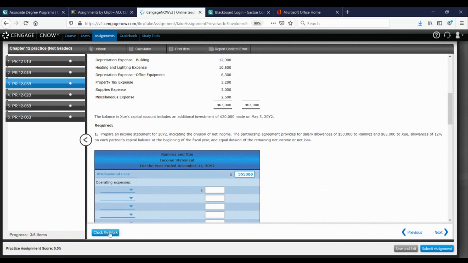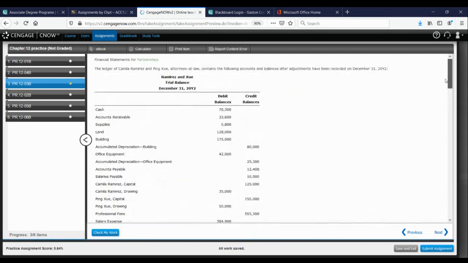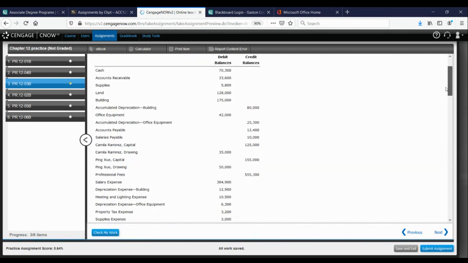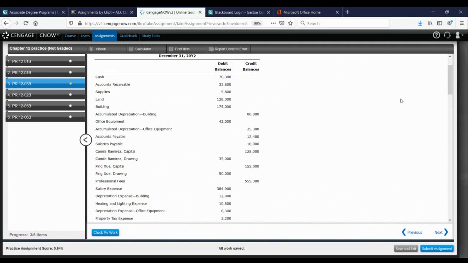And we're going to record the amount that was given for professional fees in the summary of accounts, the trial balance that they had prepared at the end of December. So again, the professional fees is right here, $555,300.